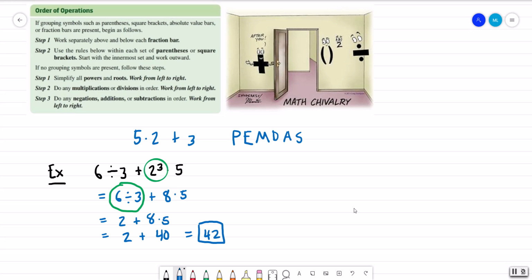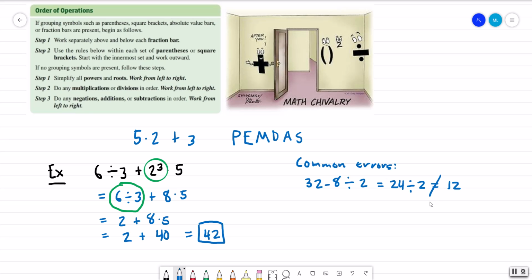Now, one thing that you would want to do is avoid common errors. Some common errors involve, for instance, if we have 32 minus 8 divided by 2, you might accidentally say, well, 32 minus 8 is 24, so you have 24 divided by 2, which is equal to 12, but that's actually not true.